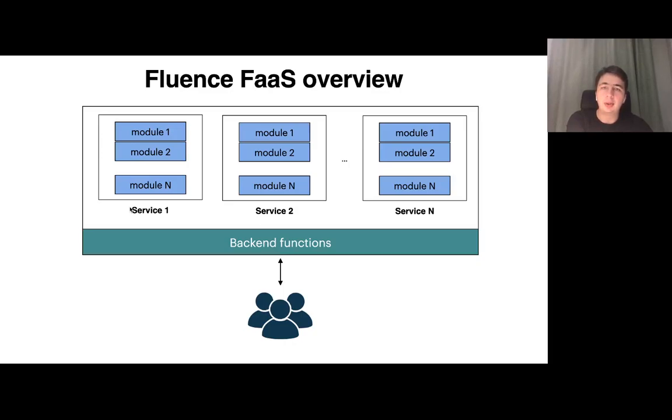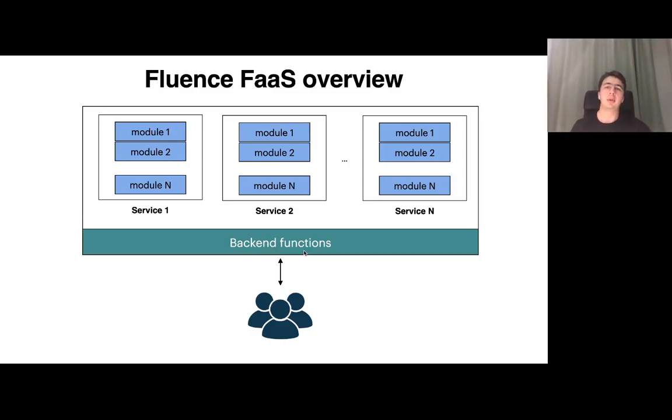In its turn, several services can form a backend. And the last one is a function. A function is a piece of code written in Aquamarine that can communicate with each service that forms this backend, and this function lives on this backend level.